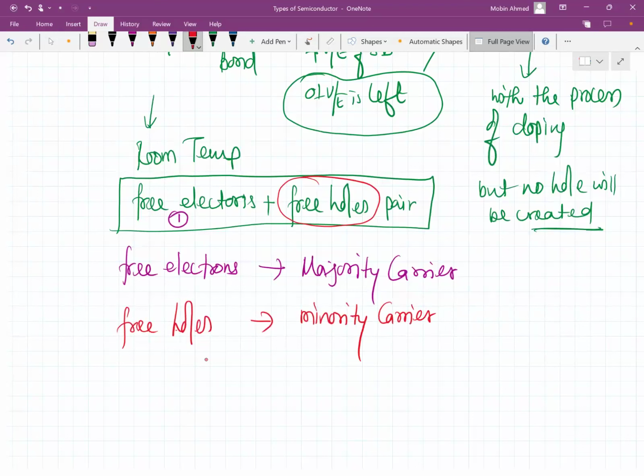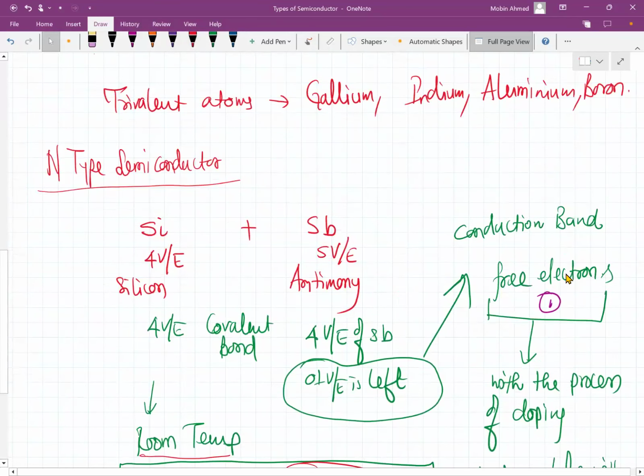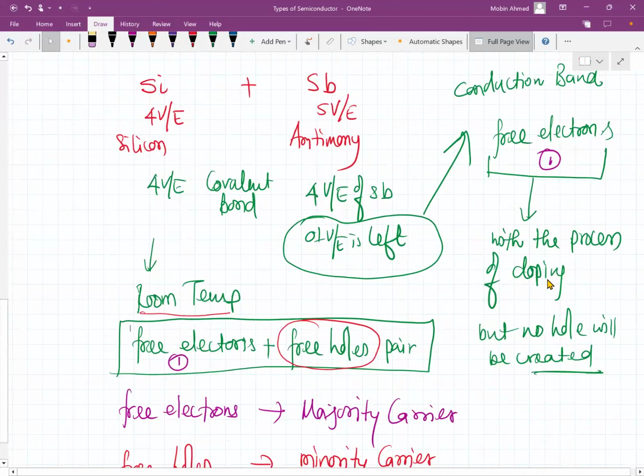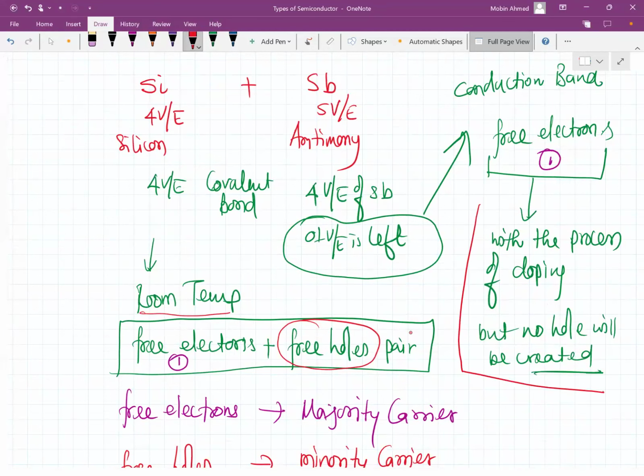Again, remember, this is the electron and hole pair, created because it is at room temperature, and only the free electrons are created due to the process of doping. So if we do the doping, no hole will be created.